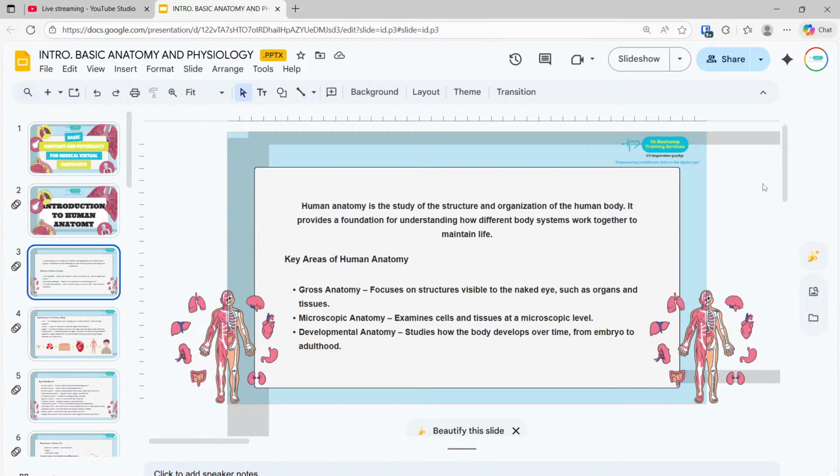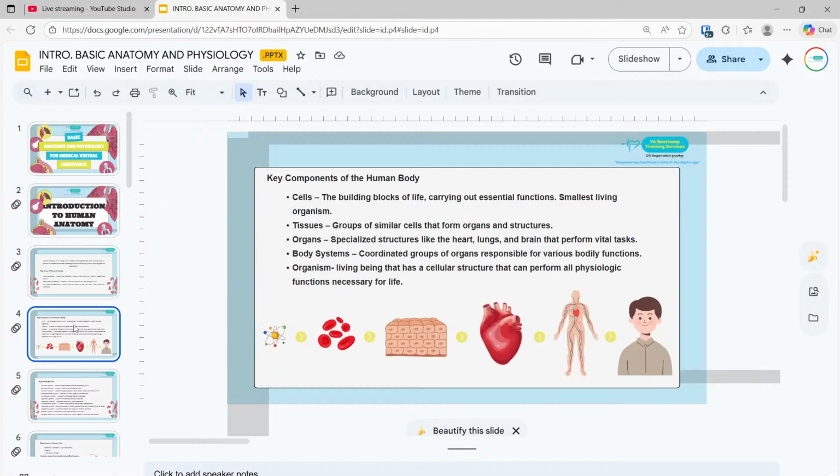And we also have microscopic anatomy, which examines cells and tissues at a microscopic level. And then developmental anatomy studies how the body develops over time from embryo to adulthood. So the key areas of human anatomy are gross anatomy, microscopic anatomy, and developmental anatomy.